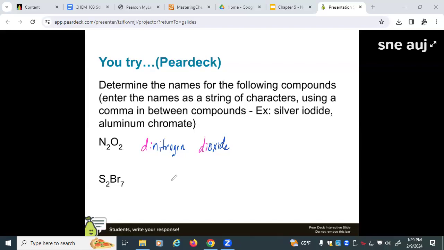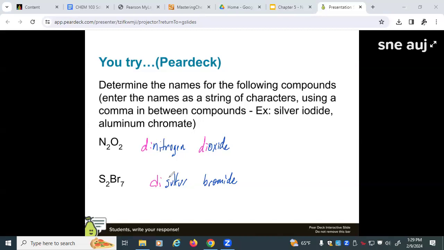All right, for the second one, we've got sulfur and bromide. What are the prefixes here? So prefix for two, we already have established, it's di. So disulfur is the first word. What's the prefix for seven?